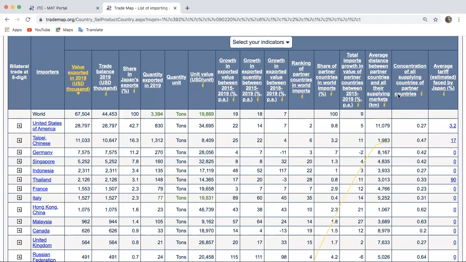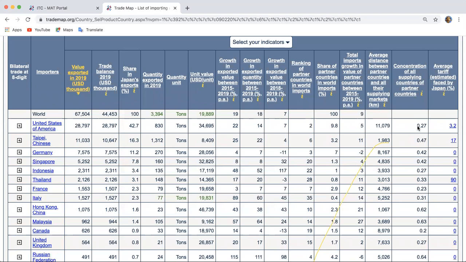Here we see the concentration of all supplying countries to these markets. So this is also turned around in this case. This code can tell us if a lot of different countries are supplying these importers, or if it's, for example, just one big exporter of green tea targeting the US. And that seems to be the case.